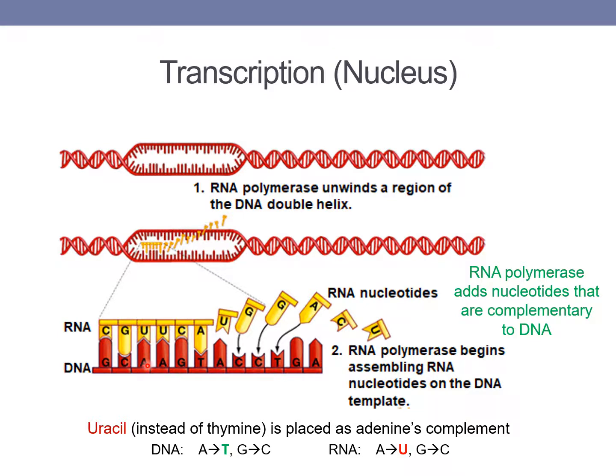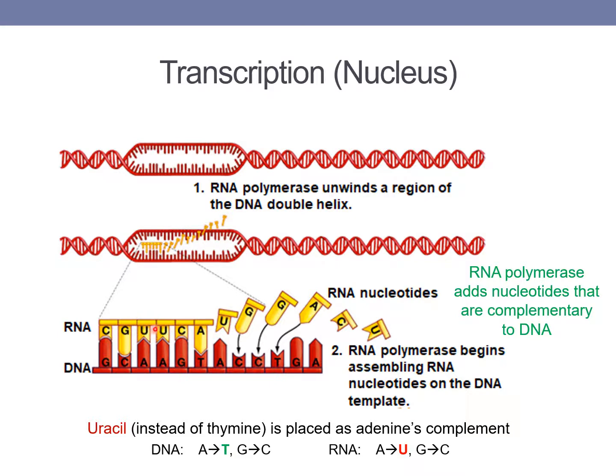And wherever there's an A, instead of seeing a thymine base pair, you'll see a uracil, because uracils are the components or the bases of RNA instead of thymines. And so then the pattern will continue on until you get to a thymine here. You'll see that the base pair of the RNA will be adenine, because there are adenines in RNA.